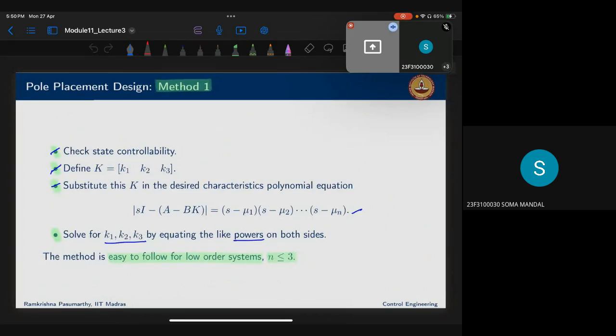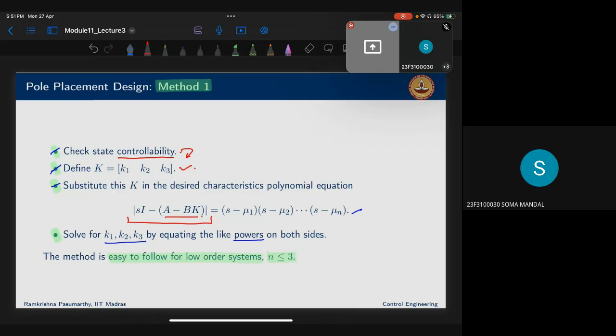First, we check the controllability. Only if it is controllable can we go to the next step. Otherwise, we stop there and say that the system is not controllable. Then we define this K matrix, K1, K2, K3, depending upon the order. Then substitute K here in this matrix and find this polynomial, which will be in s.